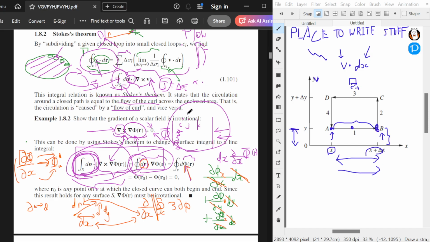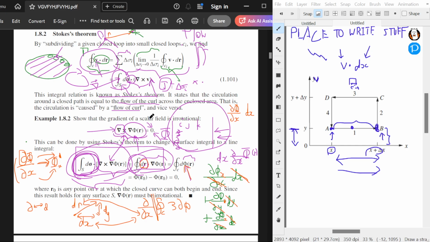Okay, let's just try again. Right now, we have del phi, del x, dx. Are there any special cases we're doing here? Is there anything constant, like any planes? I don't think so.